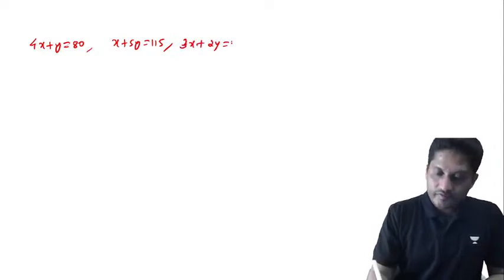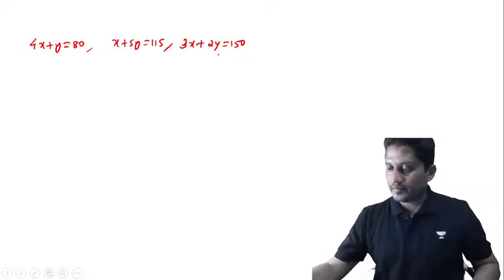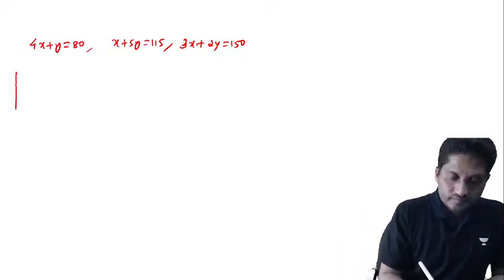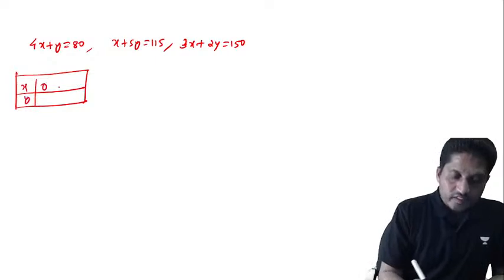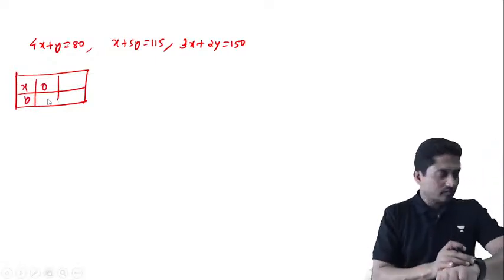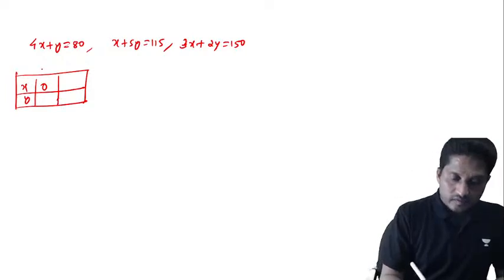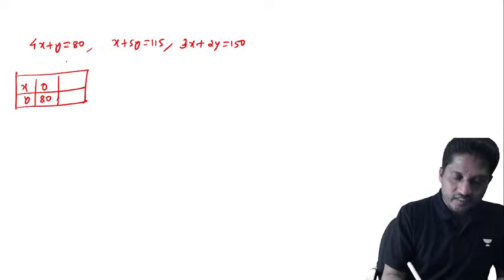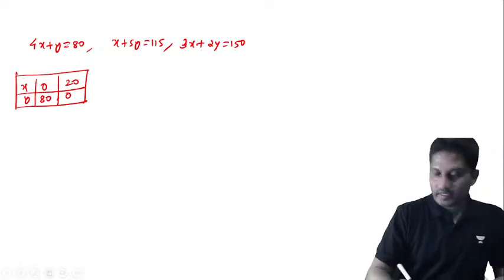Now if I plot the graph for this, when x is 0, y is 80, and when y is equal to 0, x is equal to 20.